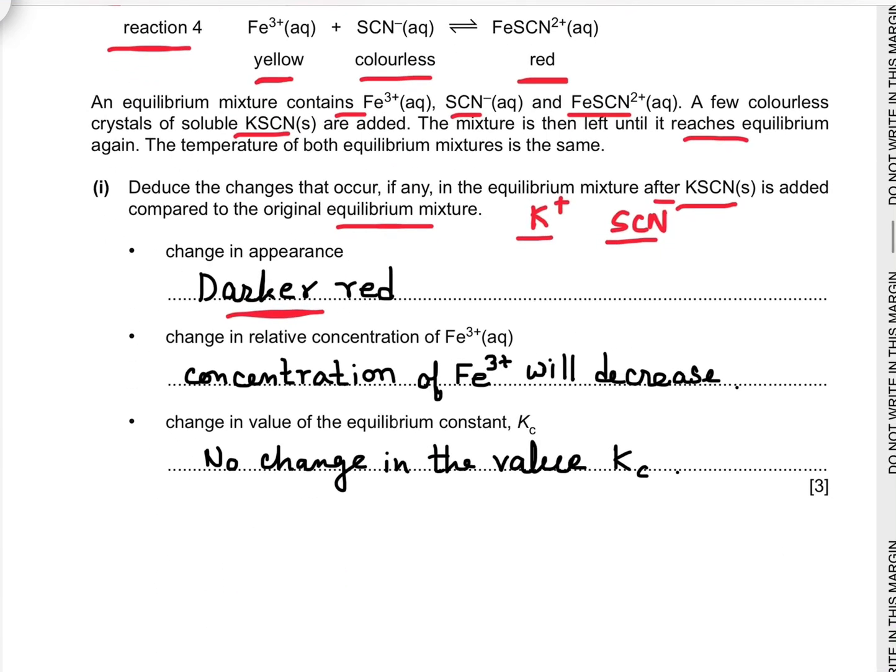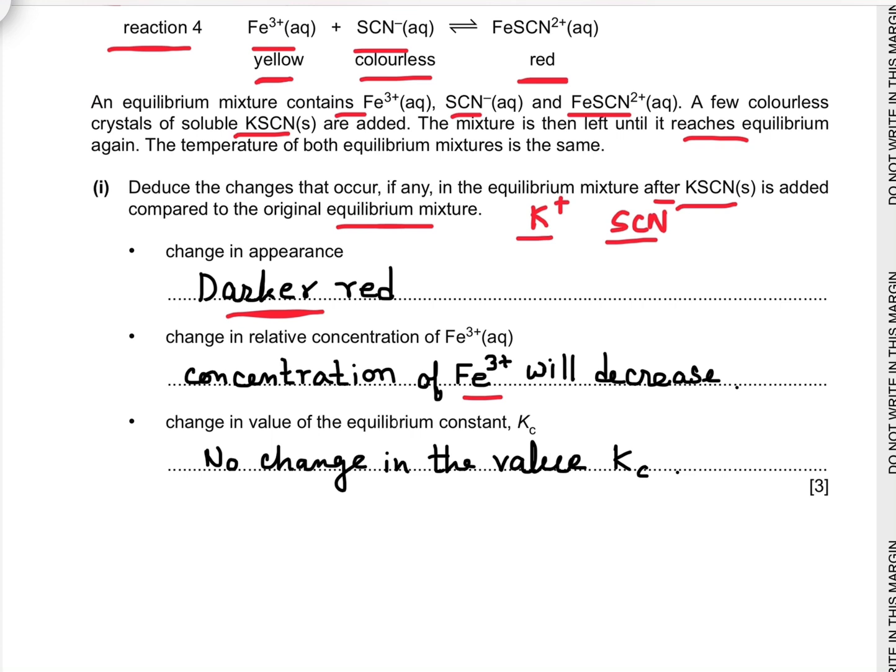Change in relative concentration of ferric ion. If you see reaction 4, when we increase the thiocyanate ion, it will react with available ferric ion and will undergo forward reaction. So definitely the concentration of ferric ion will decrease.